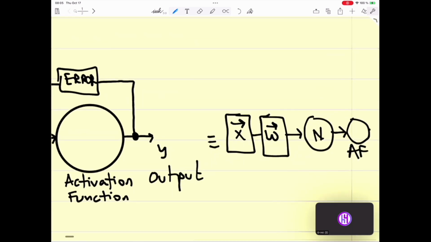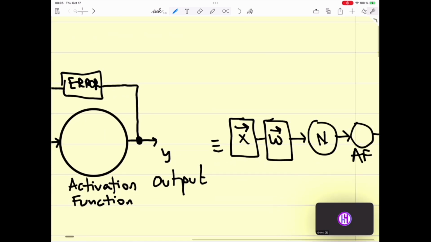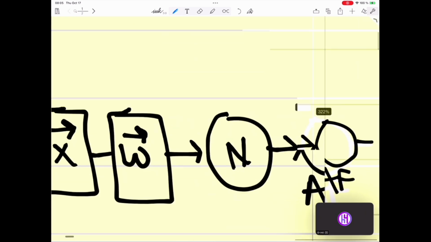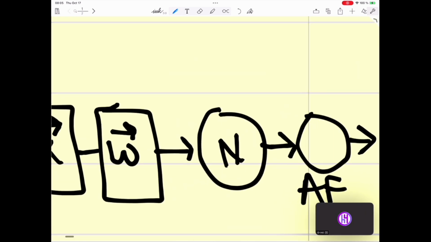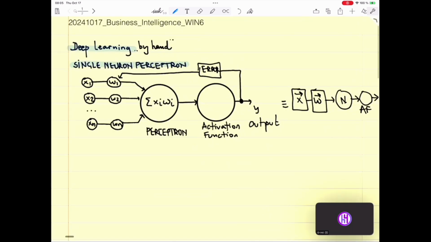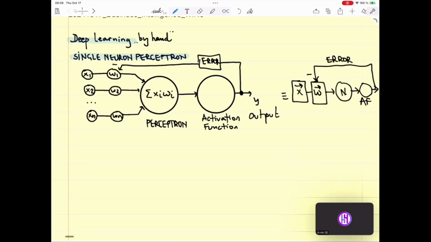And we have our error that actualizes the... I guess I'm missing here a minus. Yeah, and this actualizes the weights, and at some point we find the optimum of the weights.